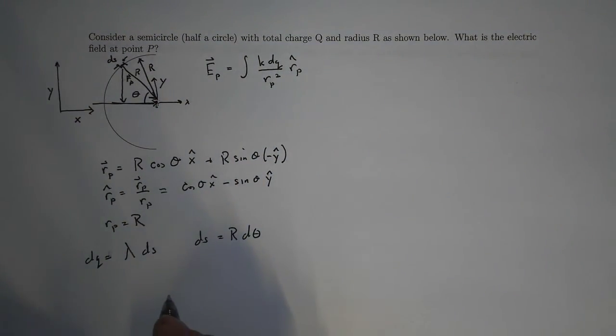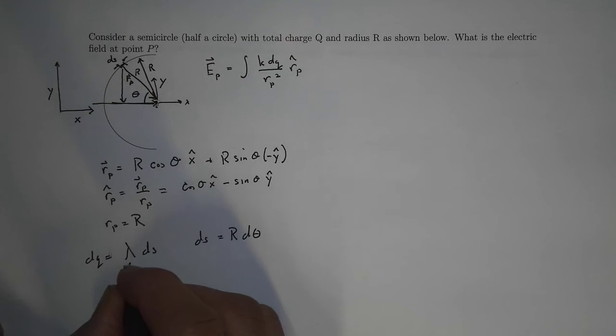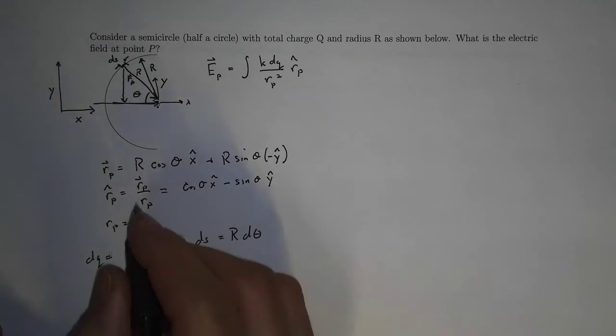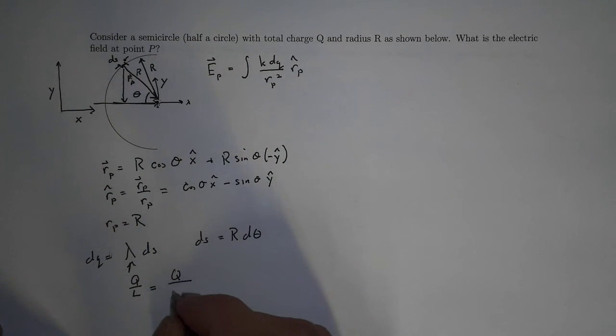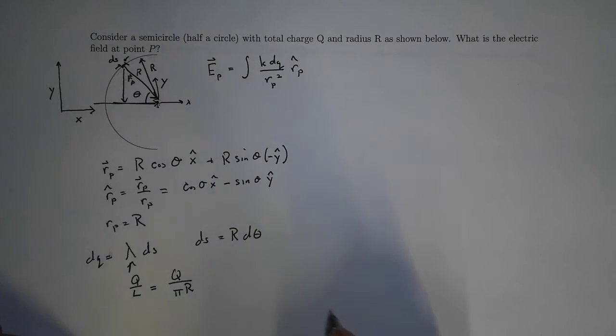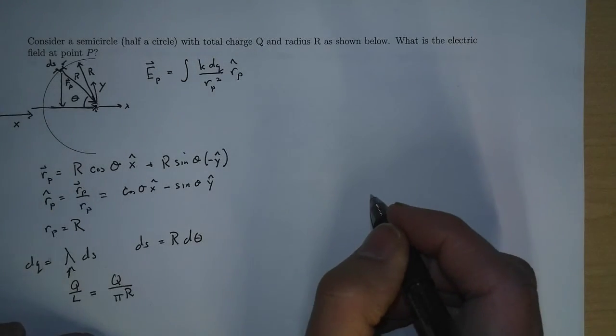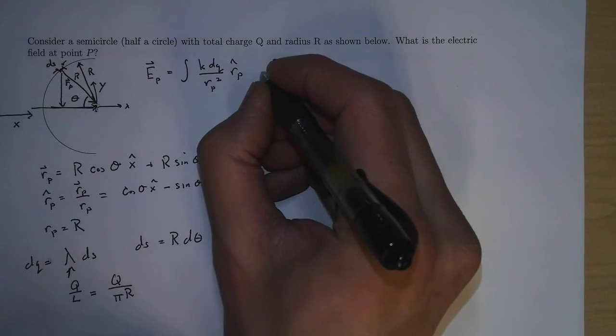Then lambda is just going to be q over the total length, which is simply q divided by the length of half a circle. Well, a full circle is 2 pi R, so half a circle is going to be pi times R. So with this in mind, let's go ahead and solve this.